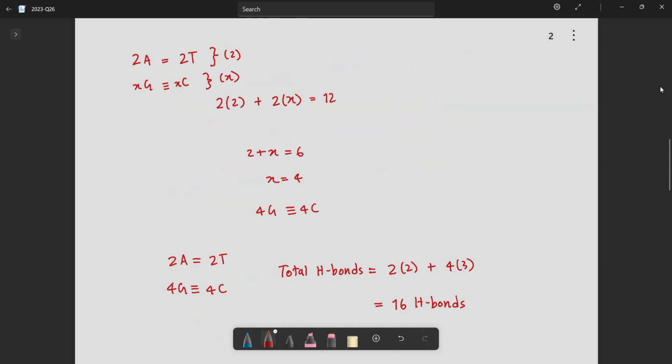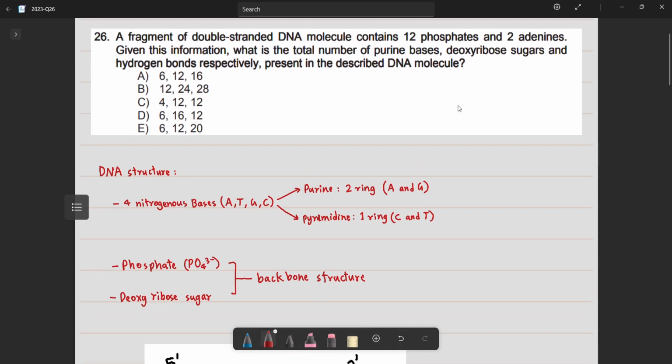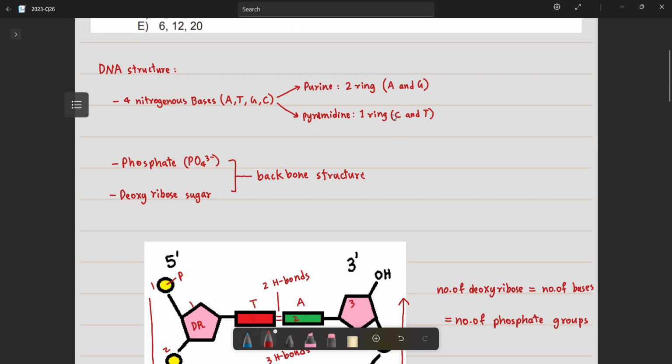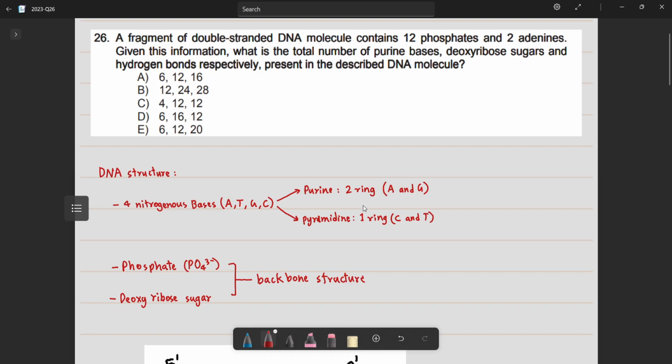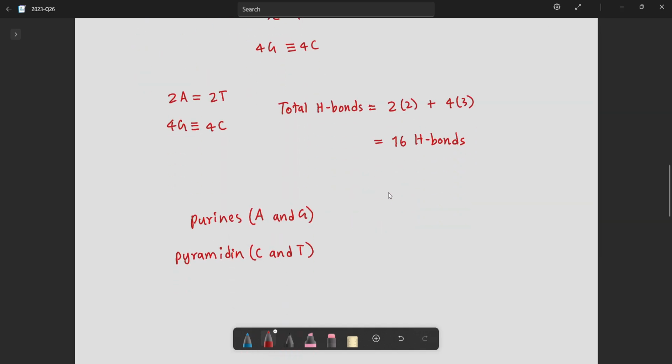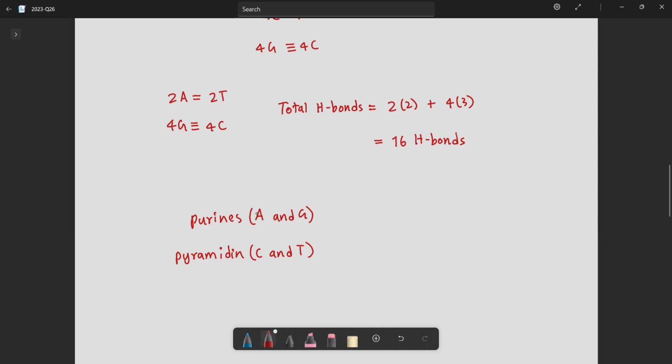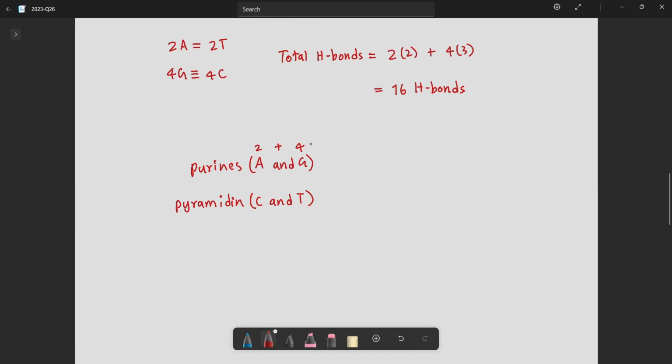The question explicitly asks for the number of purine bases. We have two adenines, as mentioned in the question, and four guanine bases. If we add them together, we get six total purines.